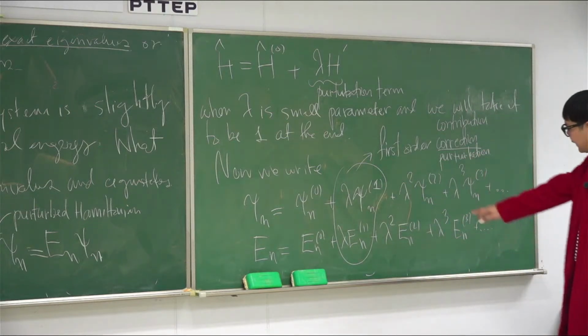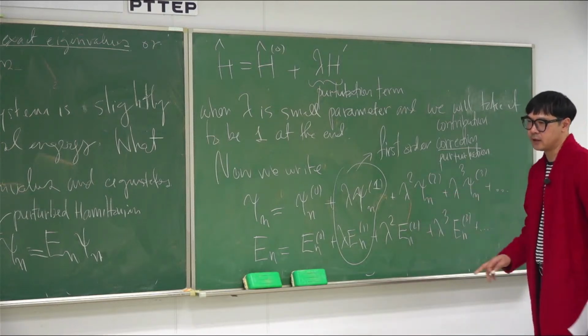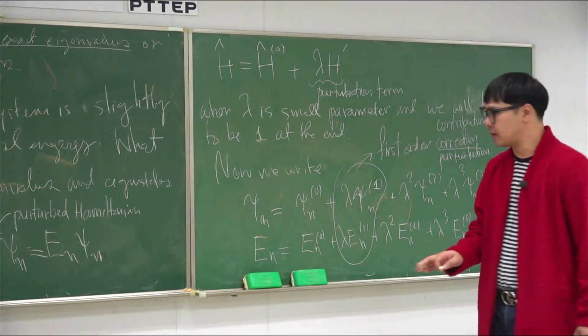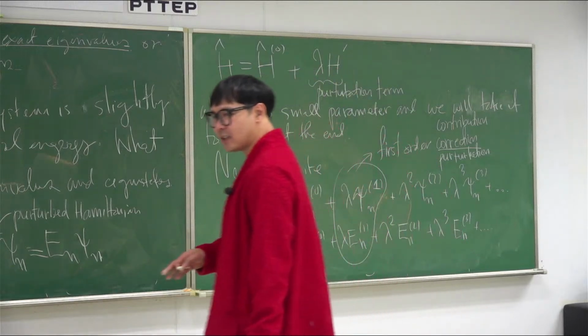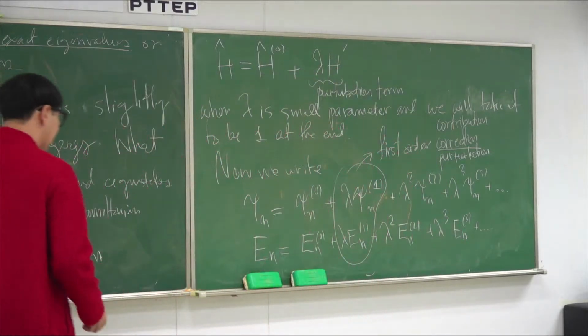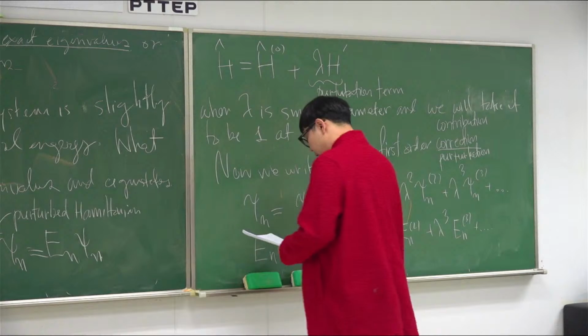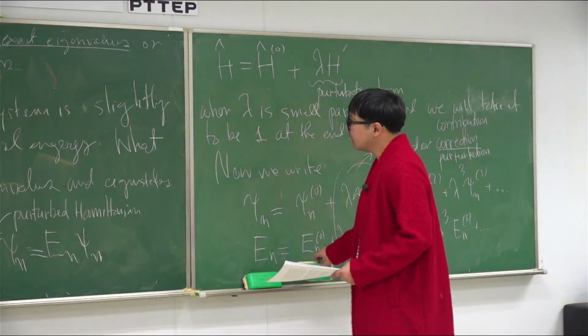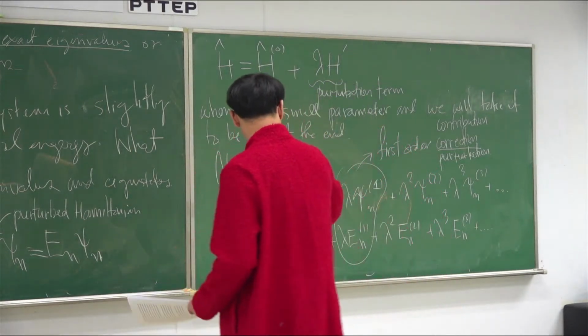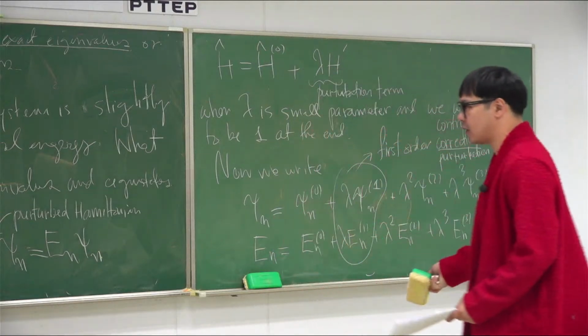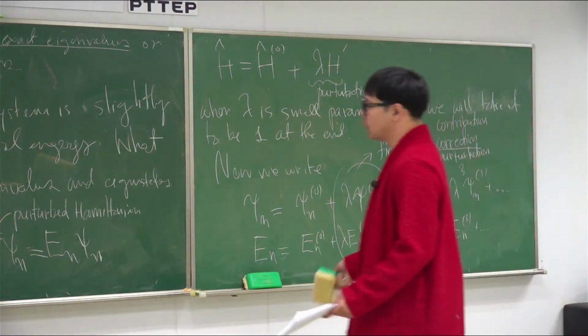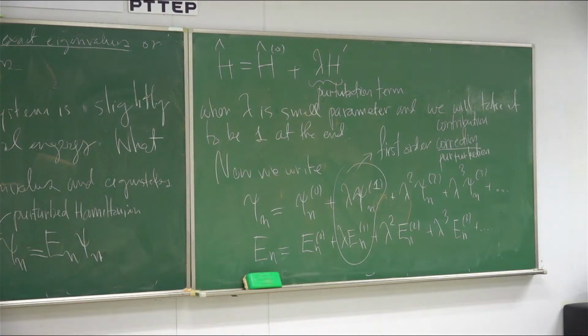And of course, then the higher terms give the second order and third order. So it depends on how accurate you need your system to be. Sometimes we need only the first order. All right, so now if we put the eigenstate and eigenvalue of your system in this way, let's see the equation that you could have.